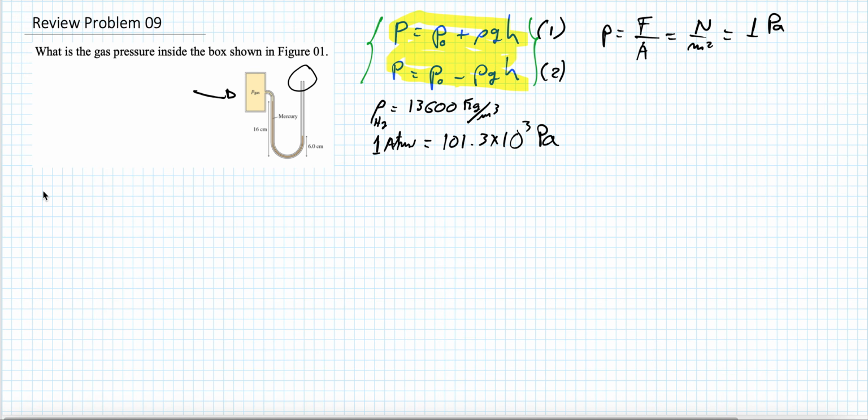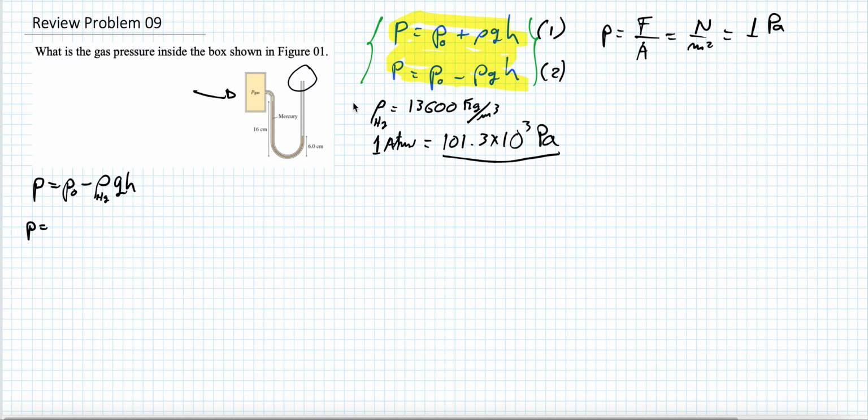The pressure equals the initial pressure minus the density of mercury times gravity times the height. Let's put the numbers in. What is our initial pressure?